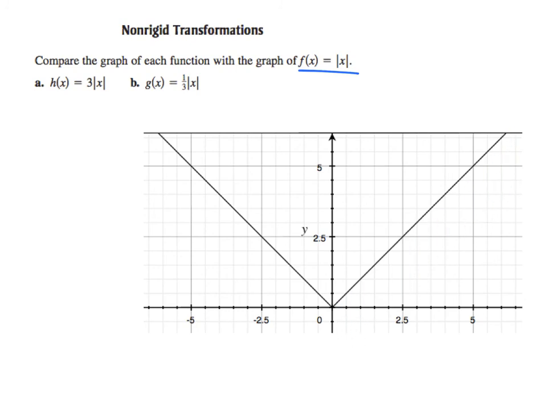Well, now, if I have a 3 chilling on the outside, guess what my slopes are going to be now? 3 and negative 3. So I'm actually going up 3, and I'm going down 3. All right, so now I'm having a negative 3 and a positive 3. All right, you see how it's a bigger number than 1? What happened to it? It became what? Skinny. All right, that's the way I think of them.